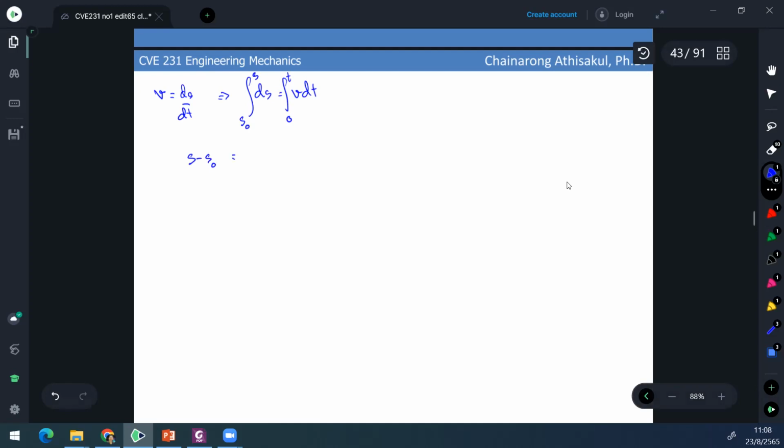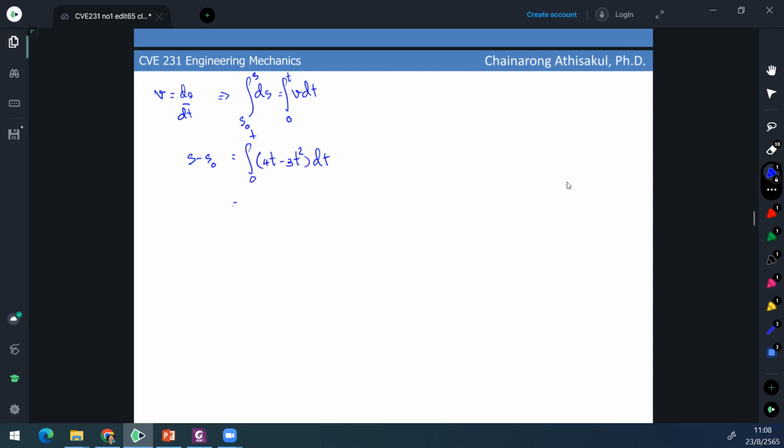For the right hand side, we integrate the velocity function, 4t minus 3t squared dt.